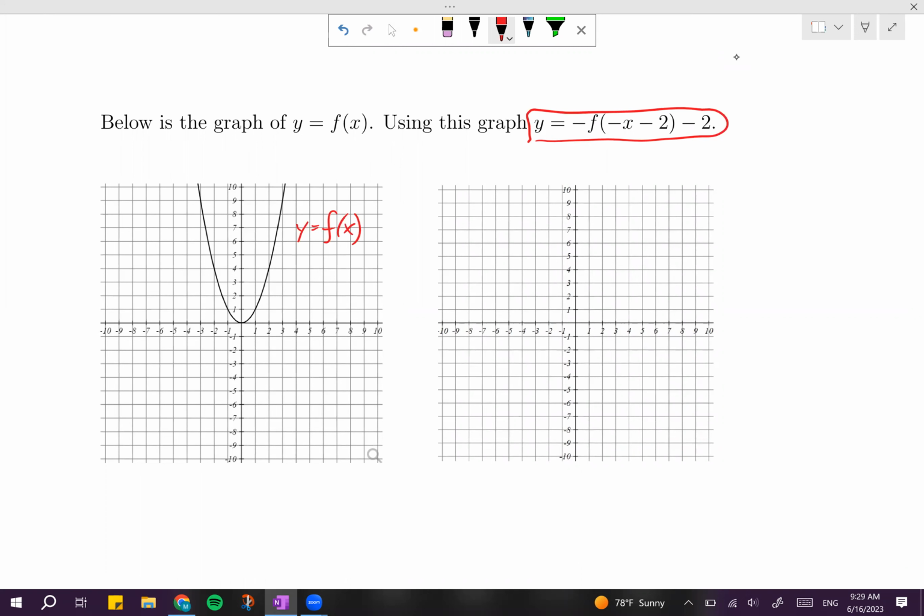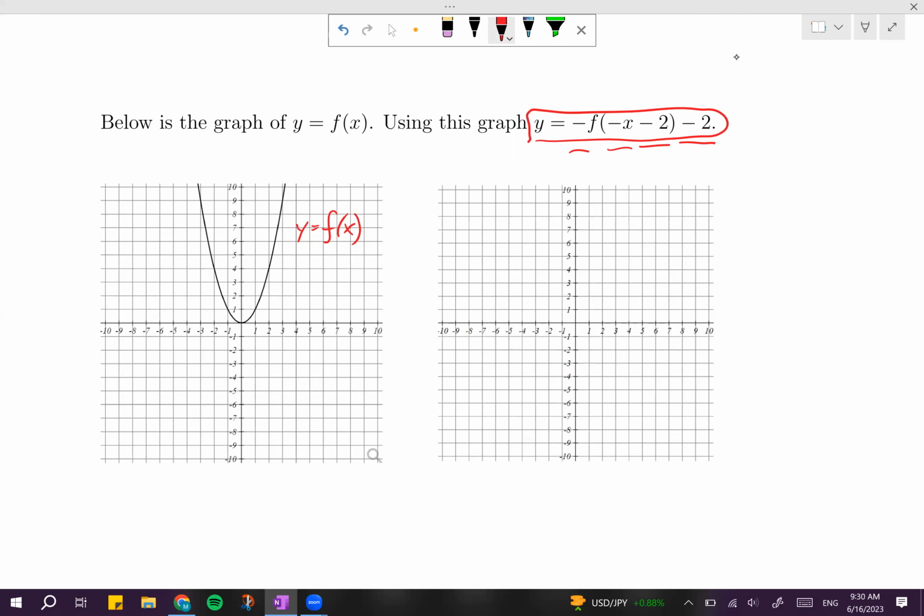So whenever we have these functions, what we're trying to do is do all of these transformations. So we have something going on here, something here, and something here. Alrighty. So we want to work from the most outside to the most inside.